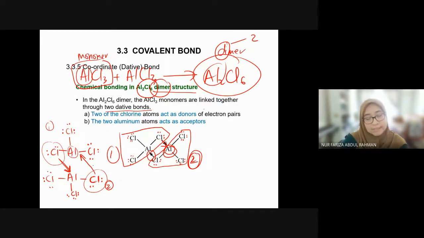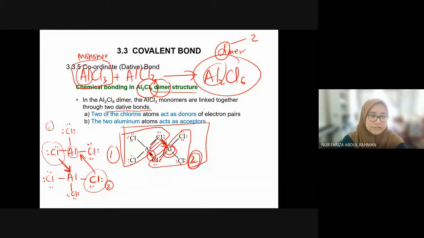Sebab what we want is more on to see how do you form the dative bond between the molecules. Sebenarnya cantiknya memang macam ni. You kena sengit sikit lah. Nampak tak dia punya diagonal tu? Dimer dia tu, I mean macam diamond shape kan? Tapi tak apa. As long as what is most important is you know that the donor is the chlorine.